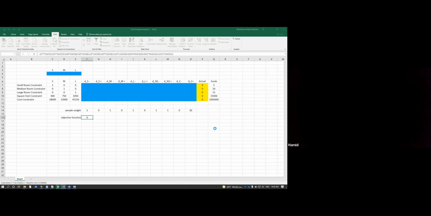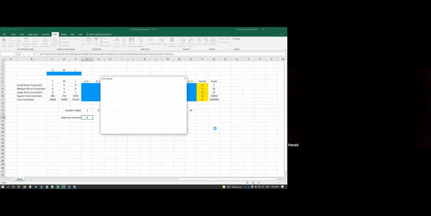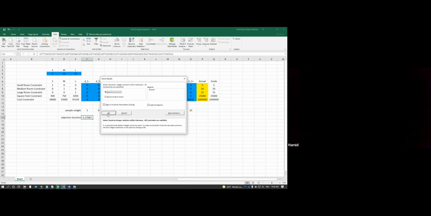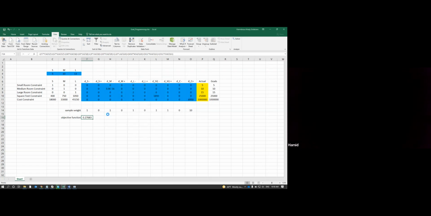Press solve. So we end up having 5 small rooms, 10 medium rooms, and 13 large rooms. Our deviation would be 0.27, which is the weighted deviation.